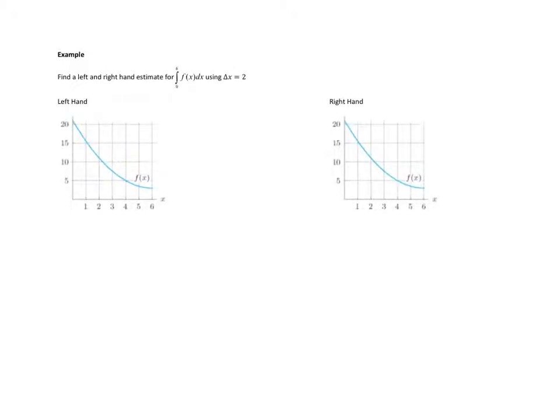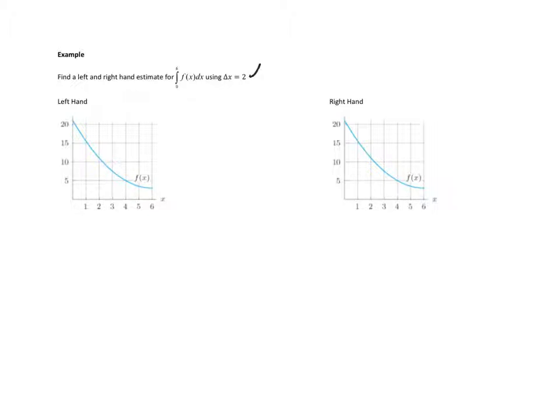Here we've got the same f of x function graphed in two different places. We're going to use a few different methods to estimate the area under this curve. This says to estimate the area for a left and right hand sum from 0 to 6 of this function, and we're going to use delta x equals 2.